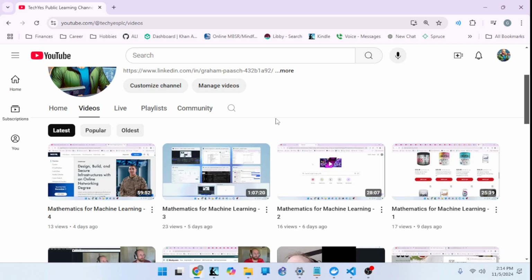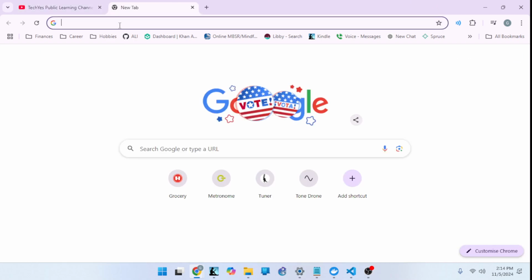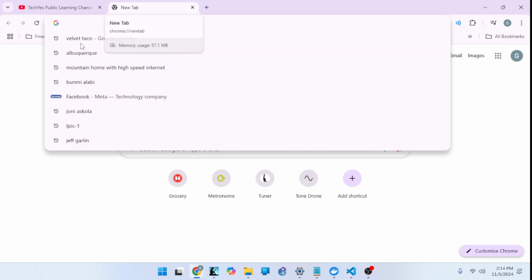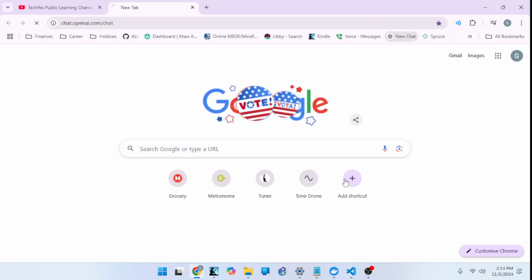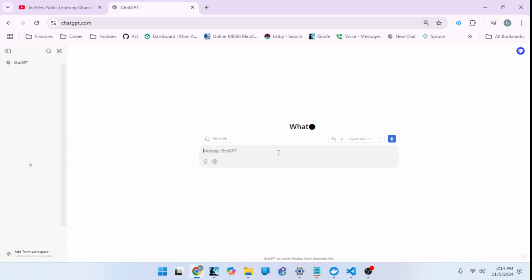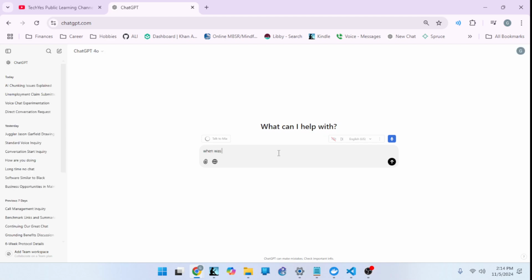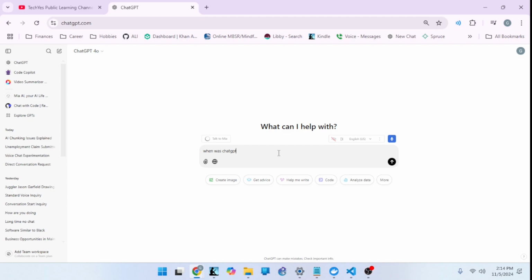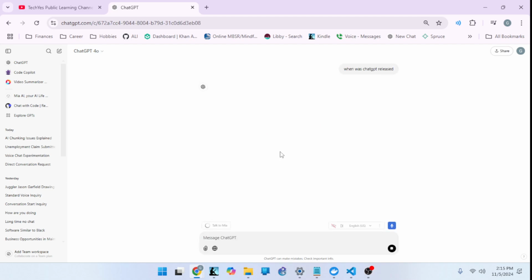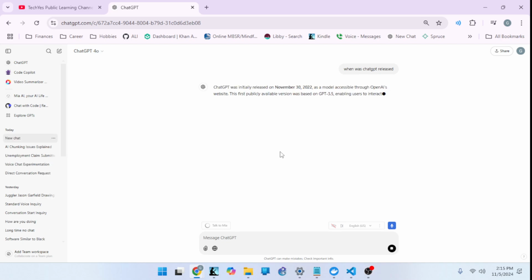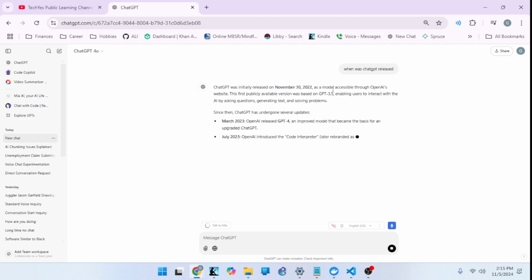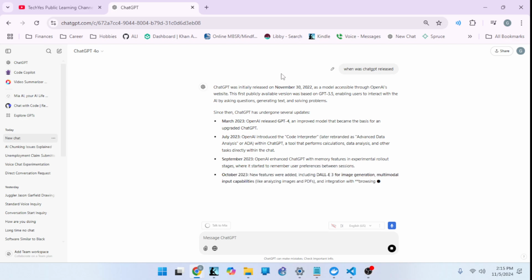If you look back in history, ChatGPT was released very recently. So when was ChatGPT released? ChatGPT was released in 2022 as a model accessible through OpenAI's website.